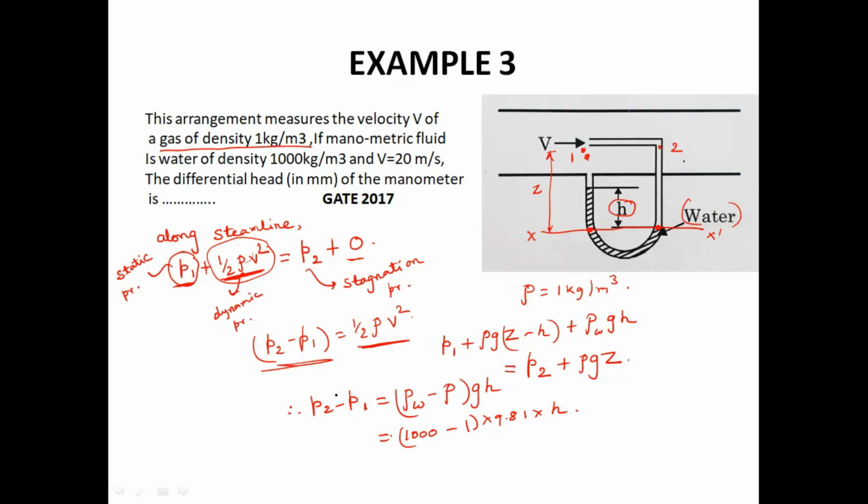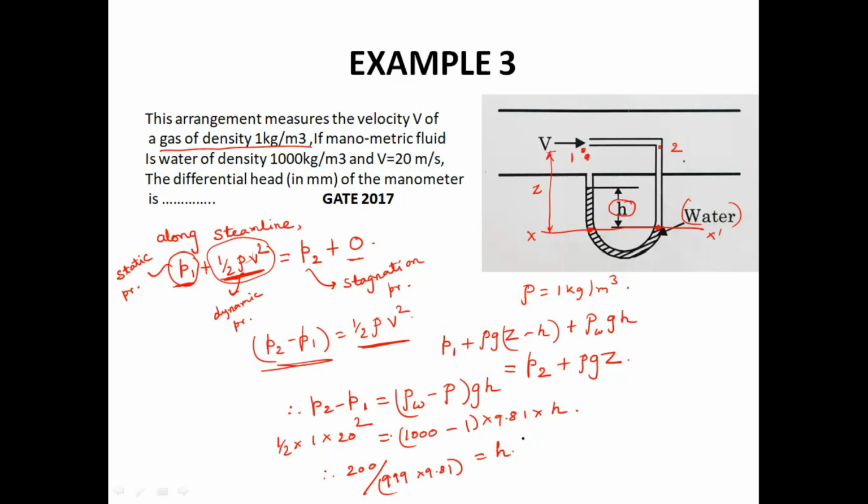P2 minus P1 is nothing but half into 1 into velocity, which is given as 20, squared. So that is 200 divided by 999 into 9.8. That will come as the h.